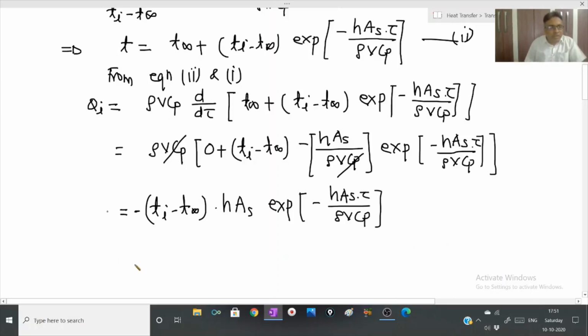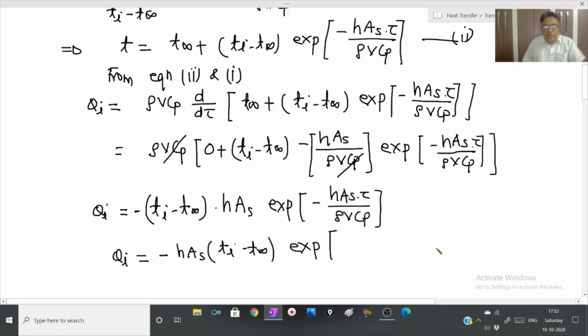So this is nothing but the instantaneous heat flow rate. We can also write this expression as minus hAs Ti minus T infinity, exponential of this entire term, which can be converted into the non-dimensional form, that is Biot number into Fourier number.